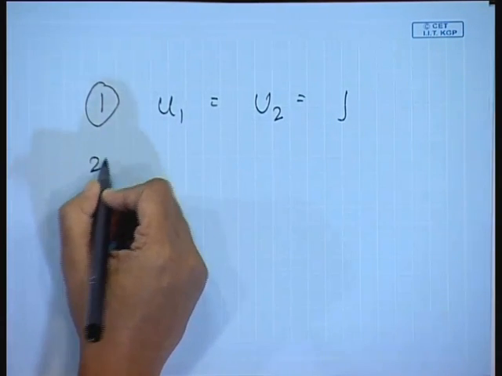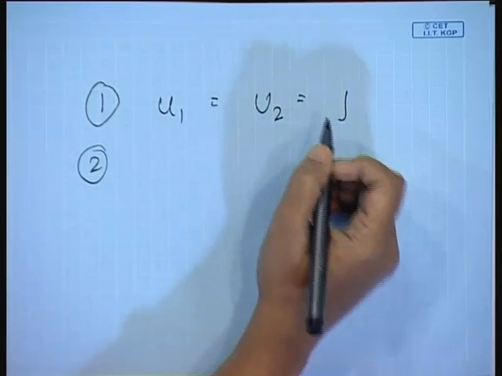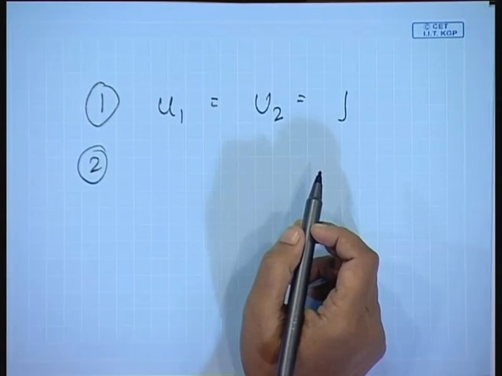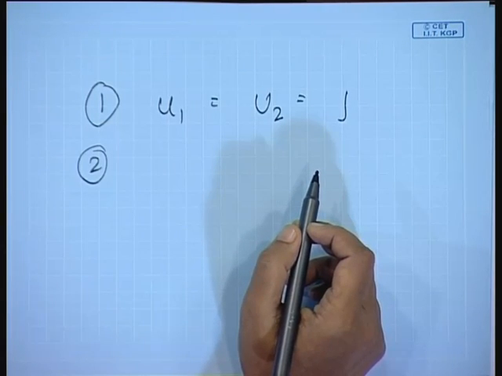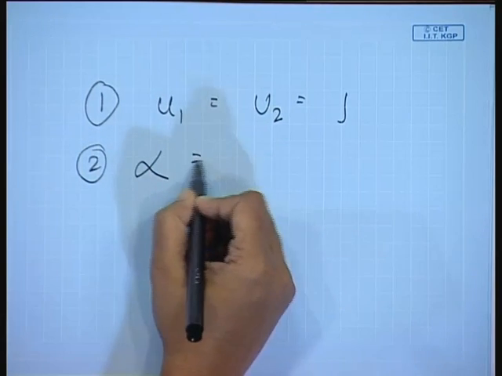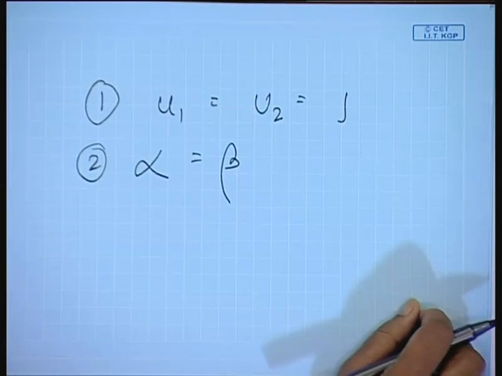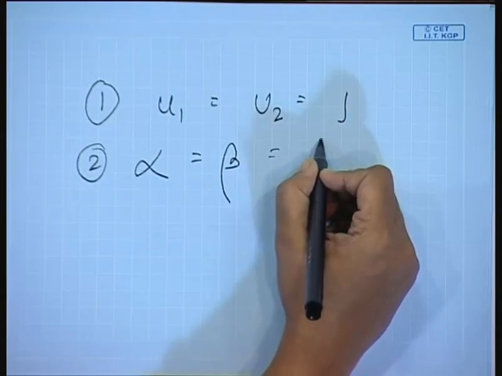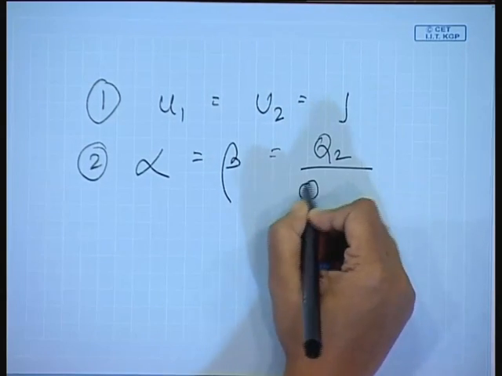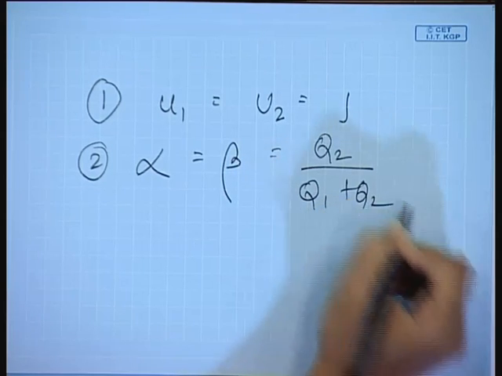The next thing it implies is that since there is no slip between the phases, and with slip alpha was not equal to beta, you remember, alpha equals beta, or in other words, alpha is nothing but equal to q2 by q1 plus q2.